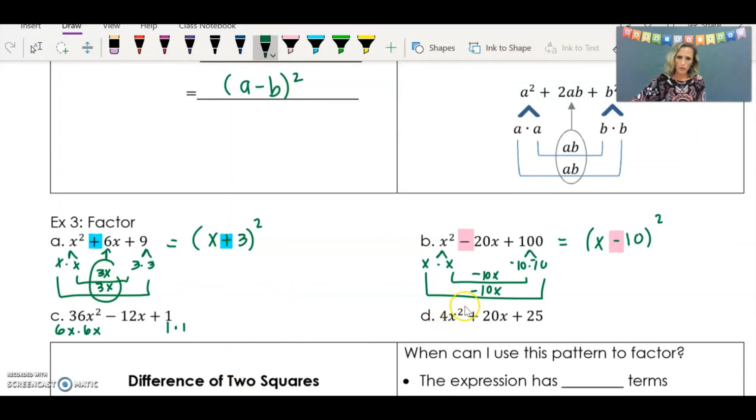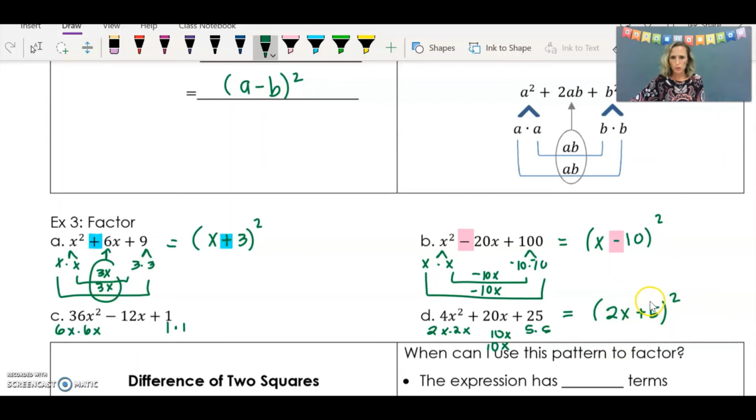We have 4x squared. We could split that into 2x times 2x. 25 we can split into 5 times 5. 2x times 5 is 10x. 10x and another 10x would give us 20x. So that fits the pattern as well. That'll be 2x plus 5 quantity squared.